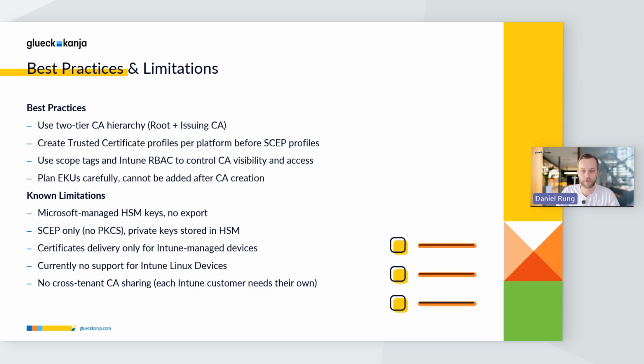To secure the creation of the certificates and the SCEP profiles, you have the possibility to use the scope tags on any of this. And you also can build your own custom roles in Intune RBAC. And this I will also mention in the demo: if you start with the enhanced key usages in your root CA and issuing CA and in your SCEP profile, you need to plan carefully for which use case you want to use this certificate.